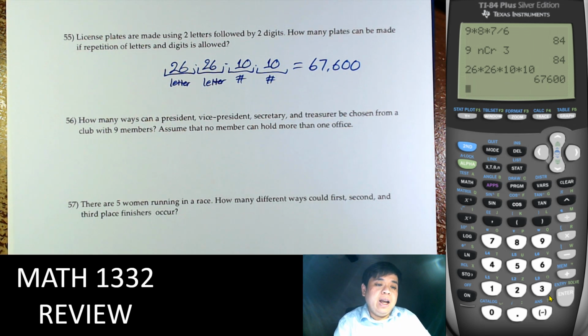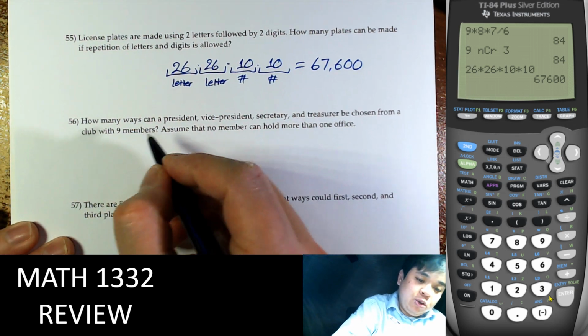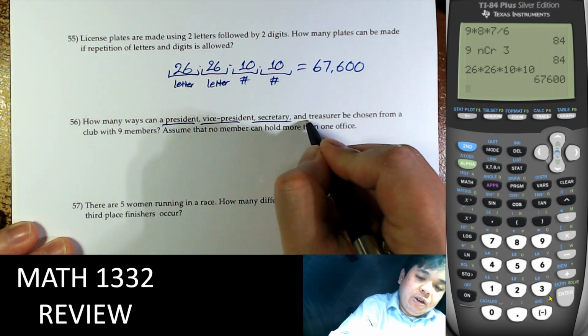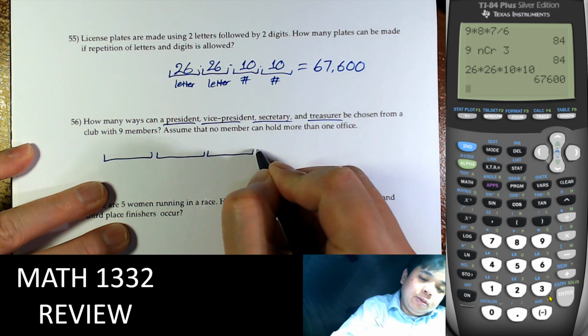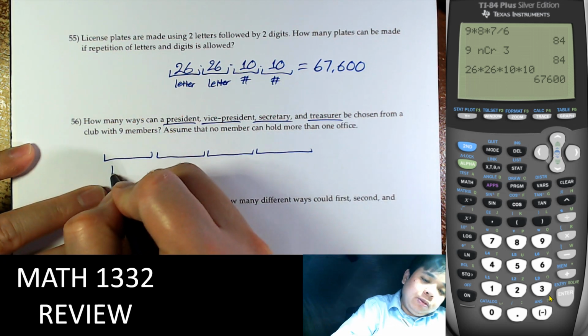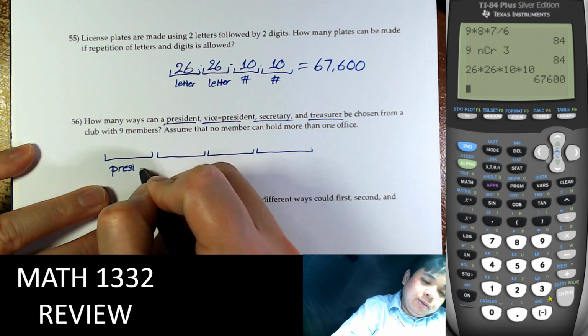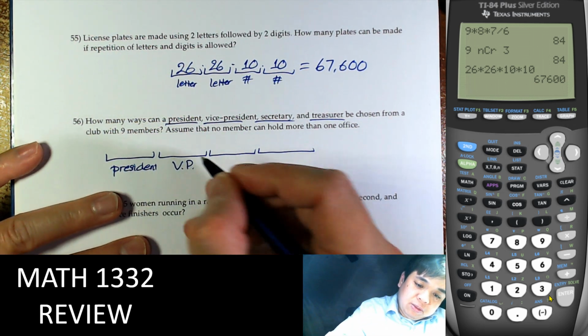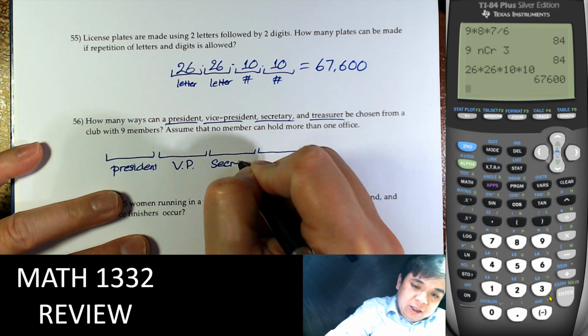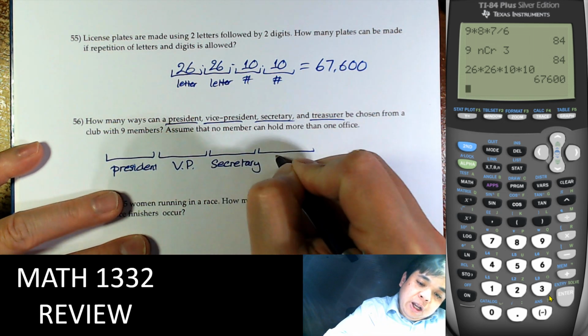Right, next, how many ways can the president, vice president, secretary, and treasurer be chosen from a club with 9 members? So they have 1, 2, 3, 4 different roles. President, Vice President, Secretary, and Treasurer.